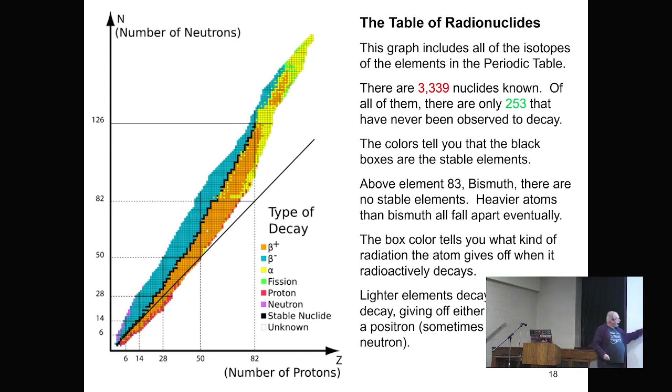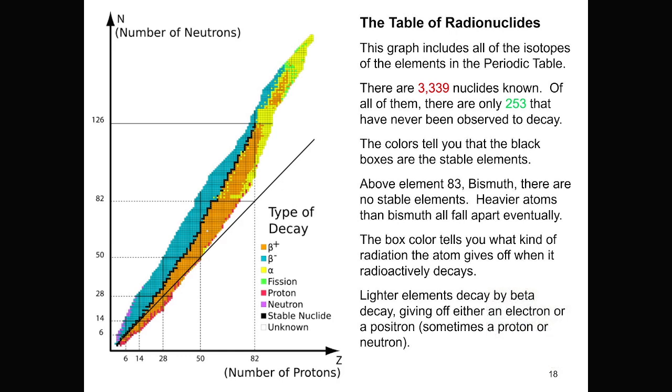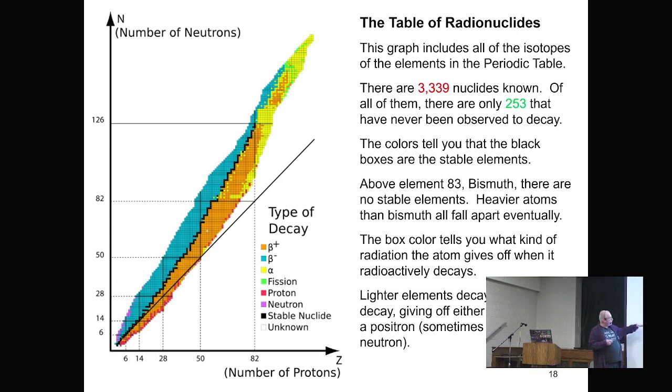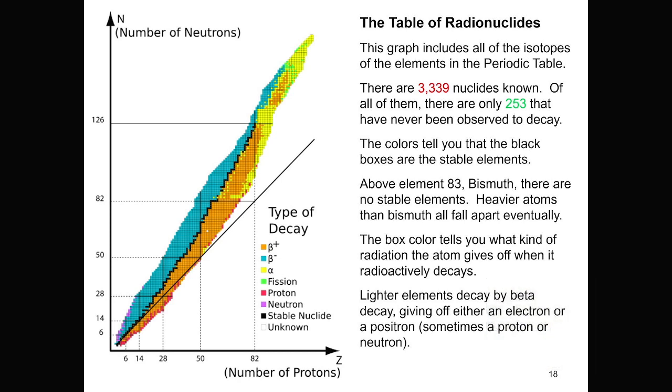One thing you notice, way down in the light part of the periodic table, these black boxes are the stable elements. You can have stable atoms that have the same number of neutrons and protons if it's light enough. But what happens as you get to heavier and heavier elements, the stable ones have more neutrons. The number of neutrons is on the y-axis, and the number of protons is on the x-axis, and the line of stability gets higher and higher above the equal number line.